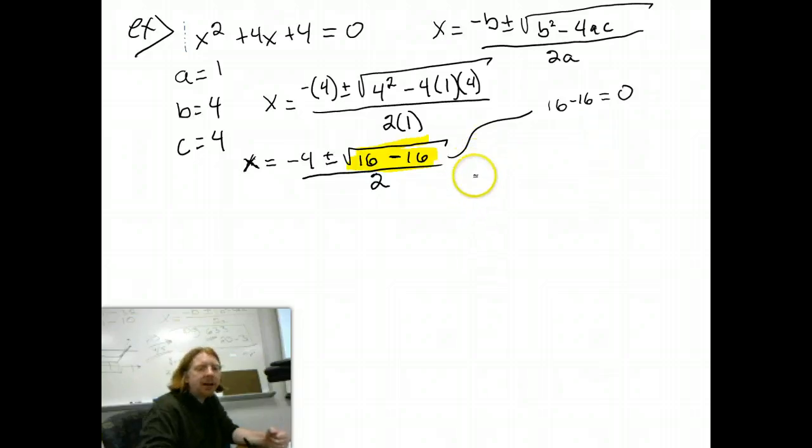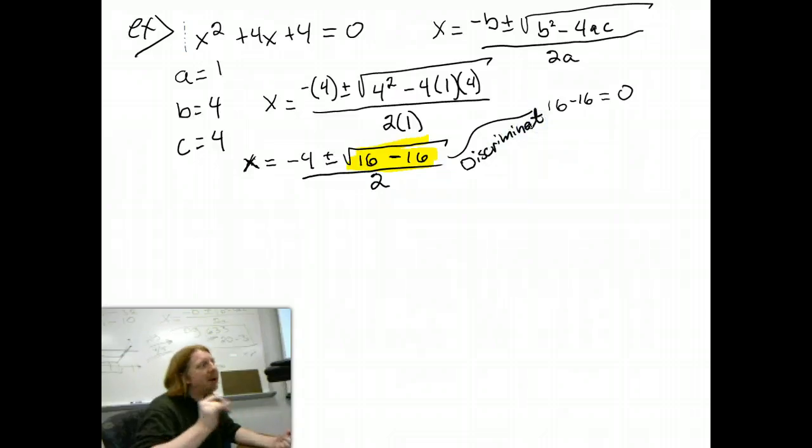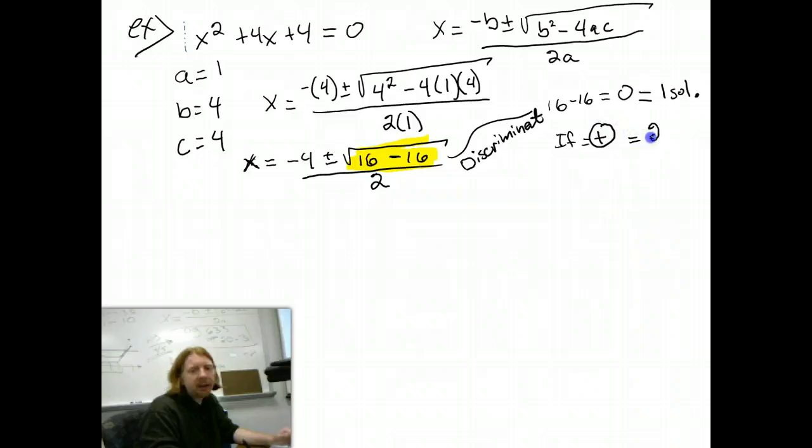This number under the radical is what we call the discriminant. It tells me how many answers I have. If the number under the radical, the discriminant, is 0, that means I have 1 solution, and I'm done. If it's a positive number, I have 2 solutions. And if it's negative, I have no real solutions.